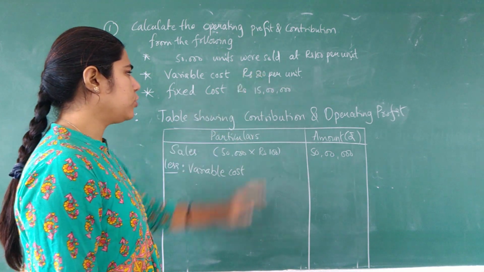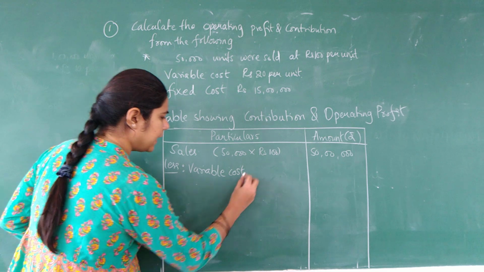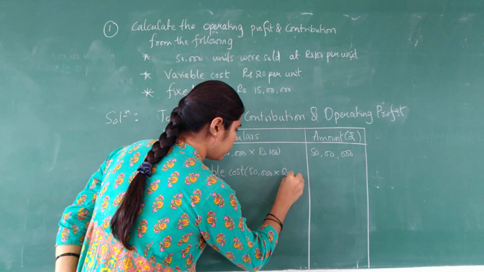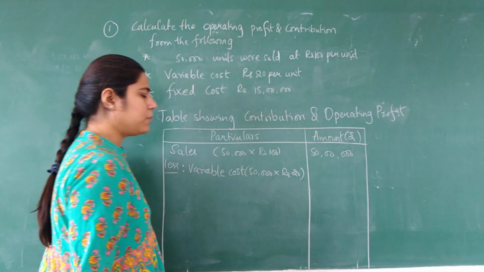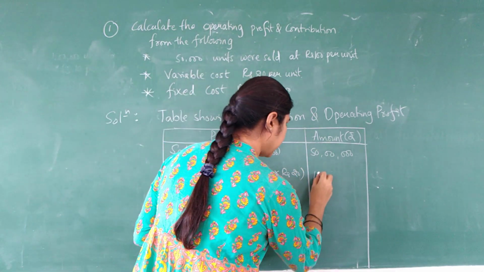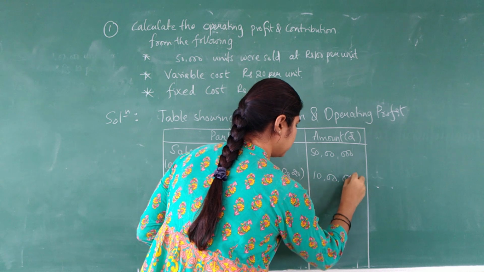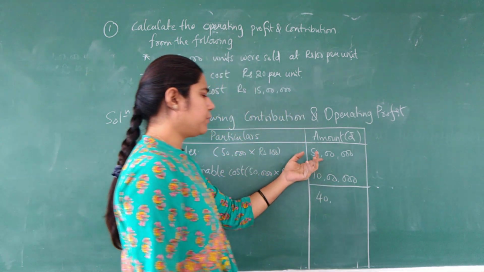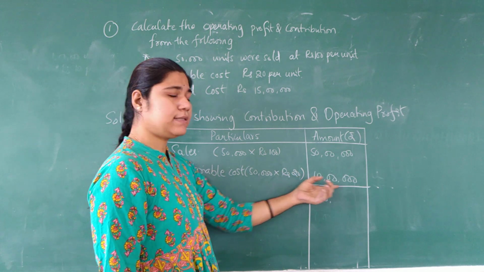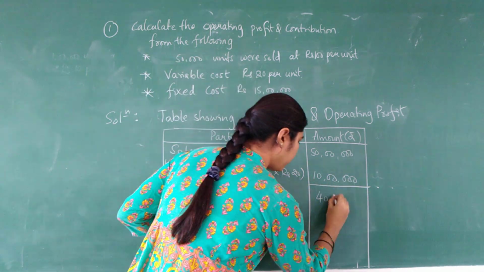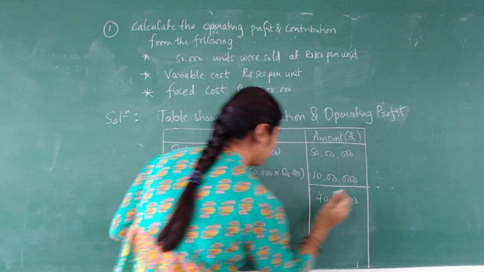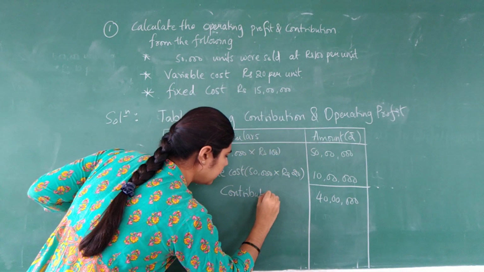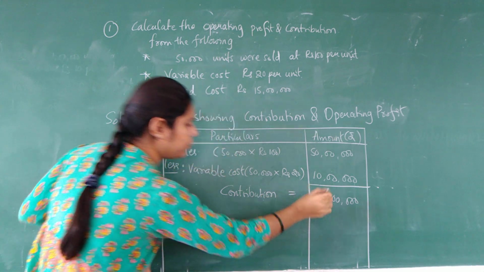The per unit variable cost is rupees 20, so 50,000 into rupees 20, you will get 10 lakh as the answer. What is the difference here? You just deduct 50 lakh minus 10 lakh. You will get 40 lakh as the contribution. Contribution amounted to 40 lakh.